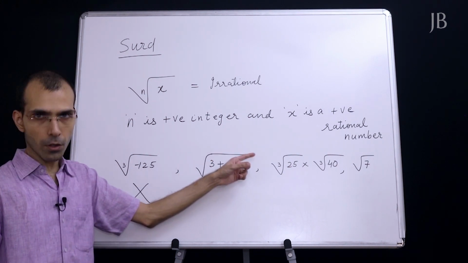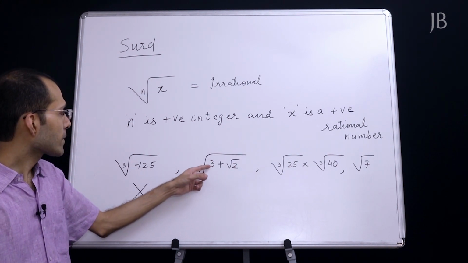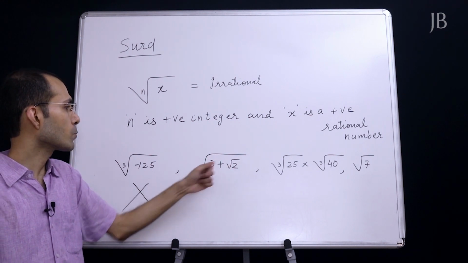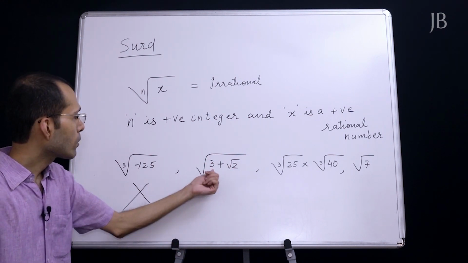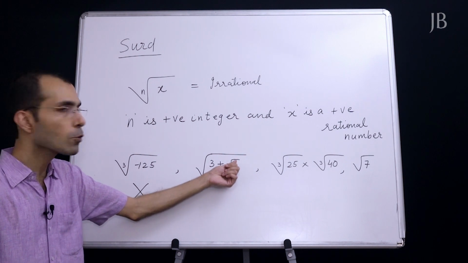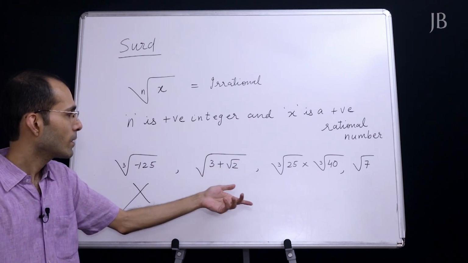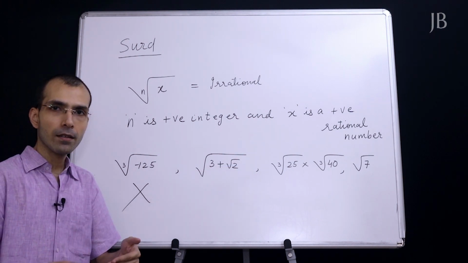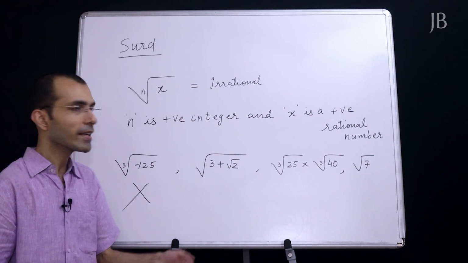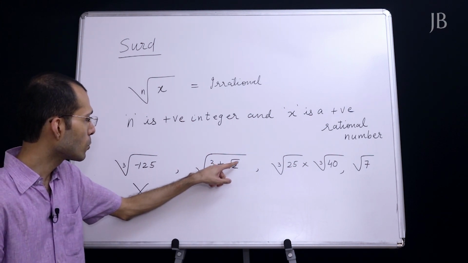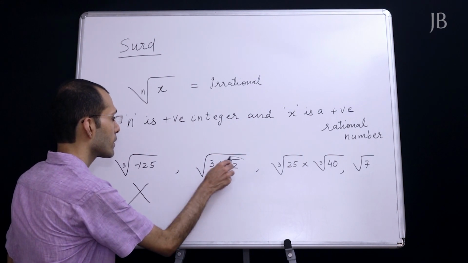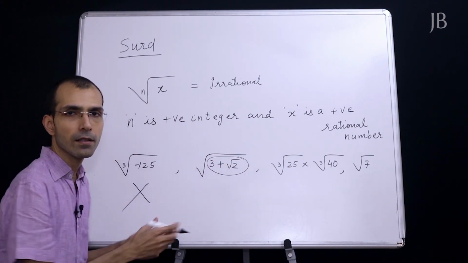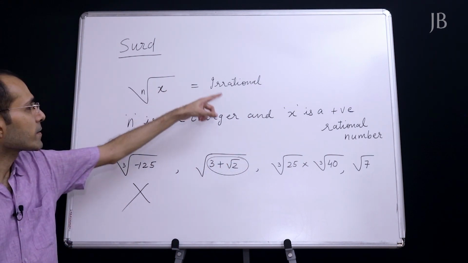Then the square root of 3 plus root 2. Now look at 3 plus root 2. Root 2 is irrational, we know that. If I add 3 to it, that answer also will be irrational. So 3 plus root 2 is irrational. And look at the conditions.